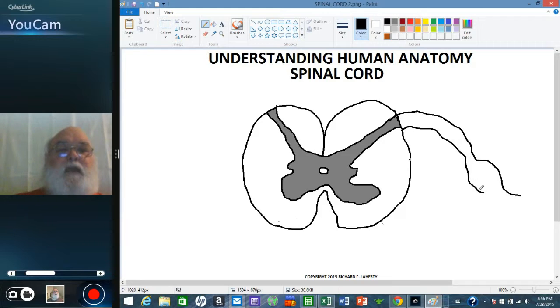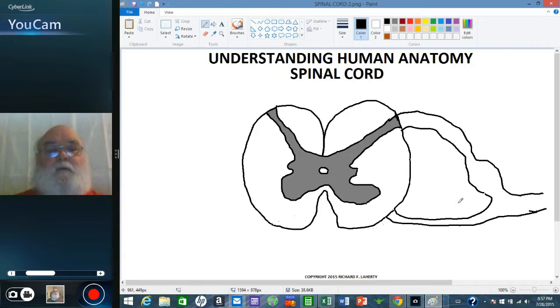And you notice I drew an expanded area in, and that will be a place where we have some nerve cell bodies. And then I'm going to draw in a ventral root. And the dorsal and ventral root meet to form the spinal nerve.